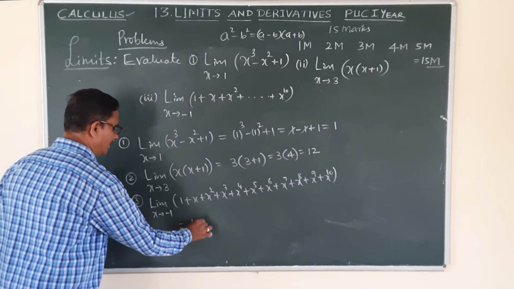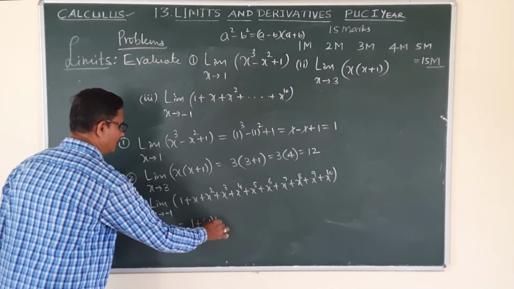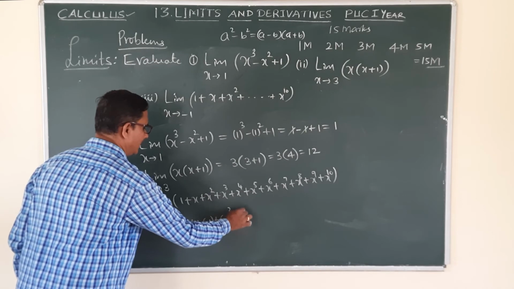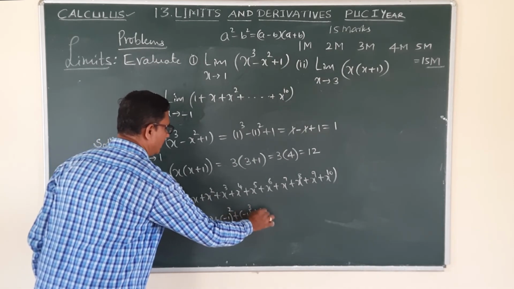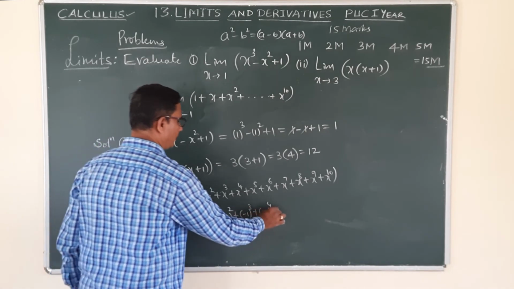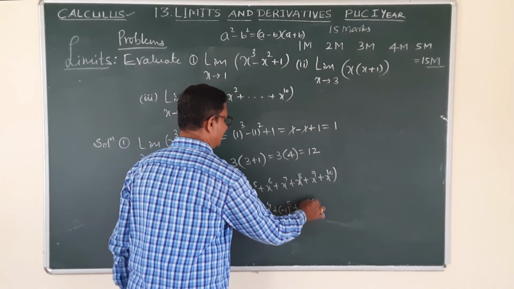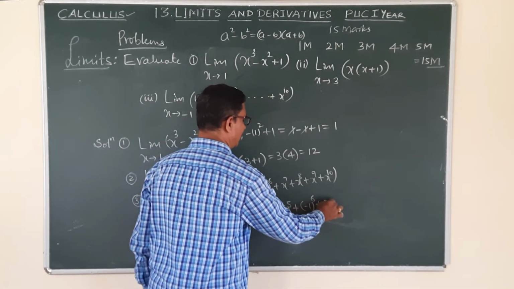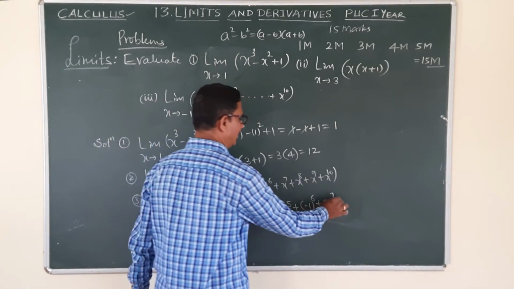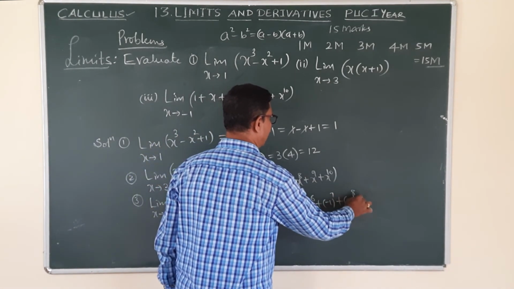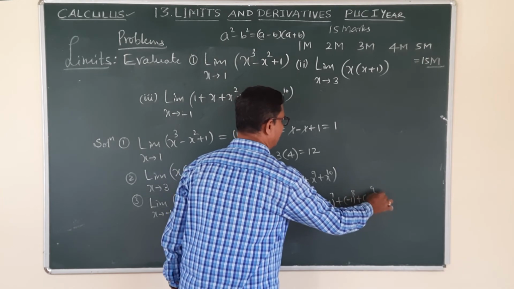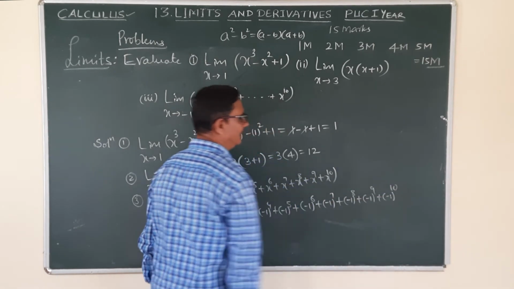So first number 1 as it is, plus x is minus 1, x is minus 1 square, x cube minus 1 cube, x power 4 minus 1 power 4, x power 5 minus 1 power 5, x power 6 minus 1 power 6, x power 7 minus 1 power 7, minus 1 power 8 plus minus 1 power 9 plus minus 1 power 10.